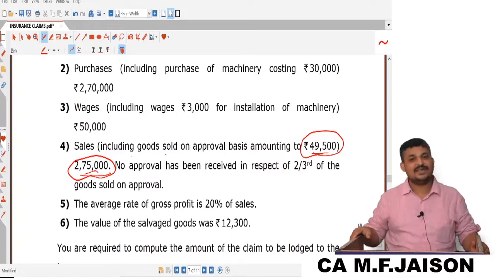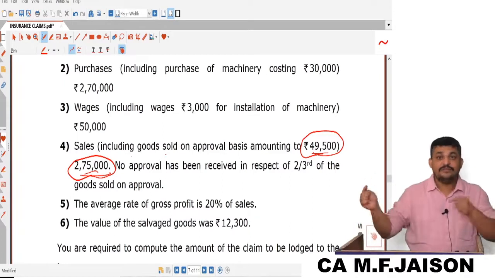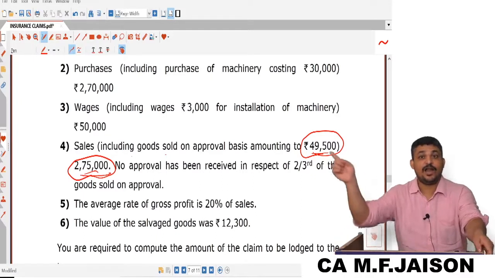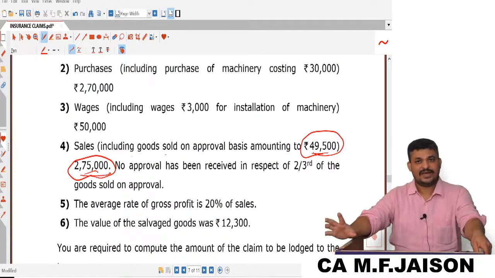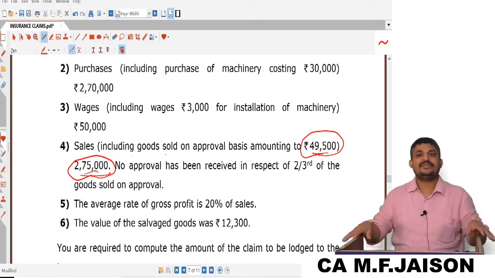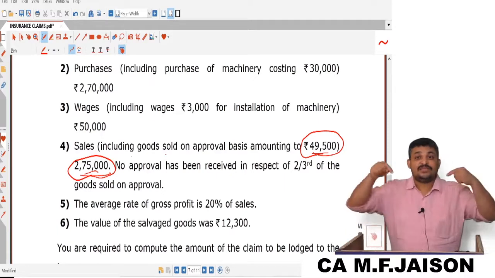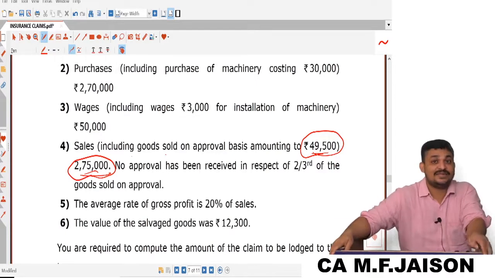So when I say stock on date of fire, it should be the stock physically available in my shop when the fire came. Fire does not attack all my branches together; fire came in one place. Then stock on date of fire is the stock I own which is physically available in that particular shop in which the fire accident occurred. I hope you are following this.